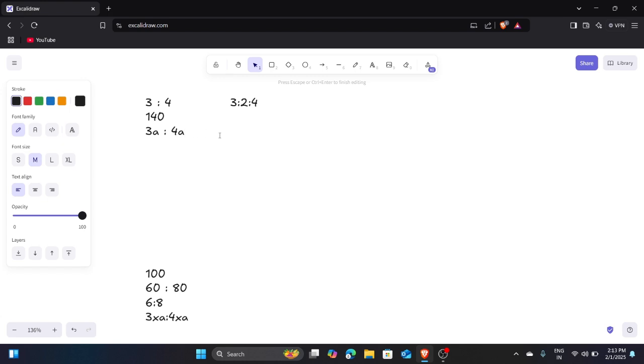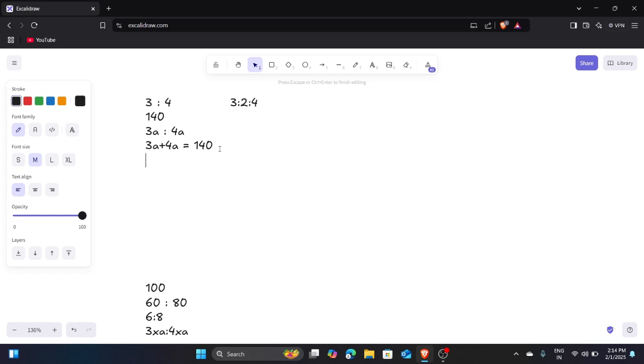Now what happens? They say the total of your number and your friend's number is 140. So we take the total here also, which is 140, because now we consider them as real numbers. You get 3a, your friend gets 4a, but we don't know the value of a.